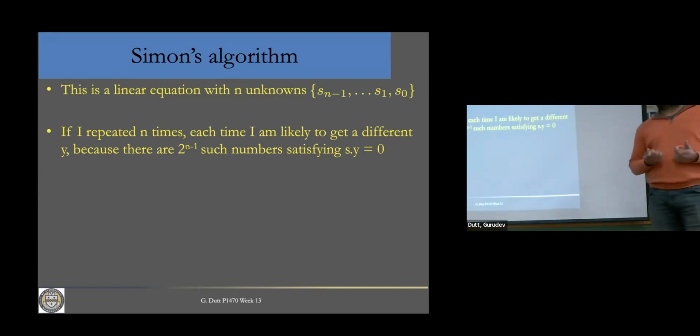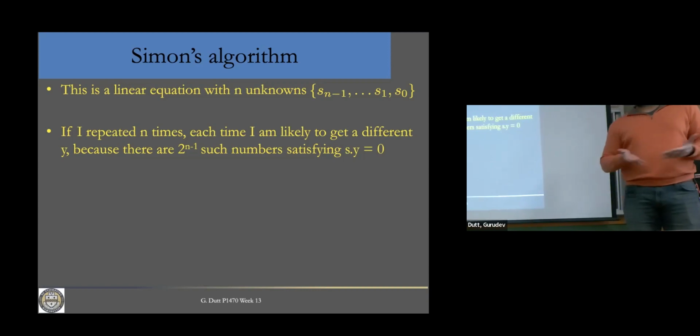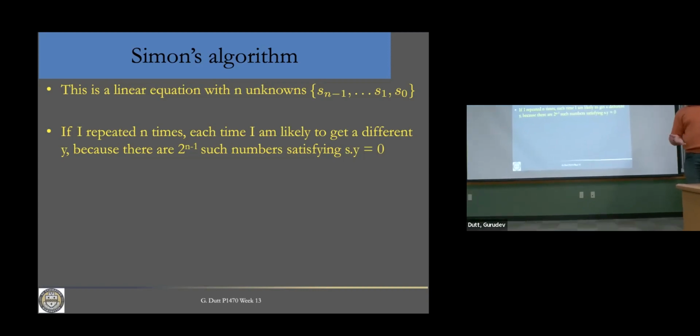Each time I repeat the algorithm, if I repeat it n times, the only question is, will I get a different y? Because if I get the same y again, it's a waste of my time. I've just got back the same equation. But if I repeat n times, I'm pretty certain to get n different values. That's because, as I said, y is an n bit string, so there are 2 to the power n possibilities.